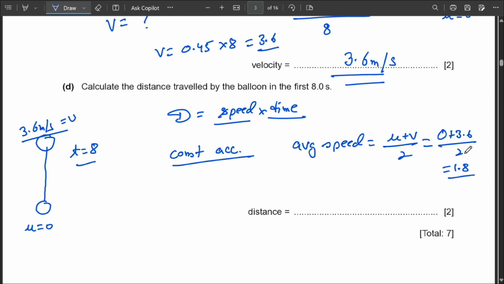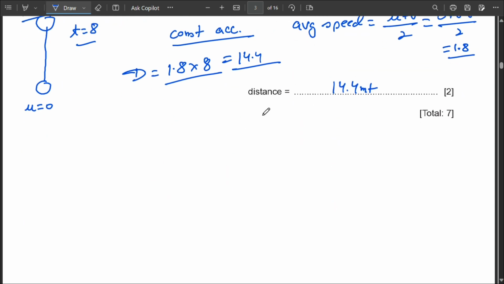So the average speed is 1.8 meter per second. So the distance will be speed into time. Speed is 1.8 into time is 8. If you do 1.8 times 8, that is 14.4. So the distance traveled by the balloon will be 14.4 meter. So let's move to the next question.